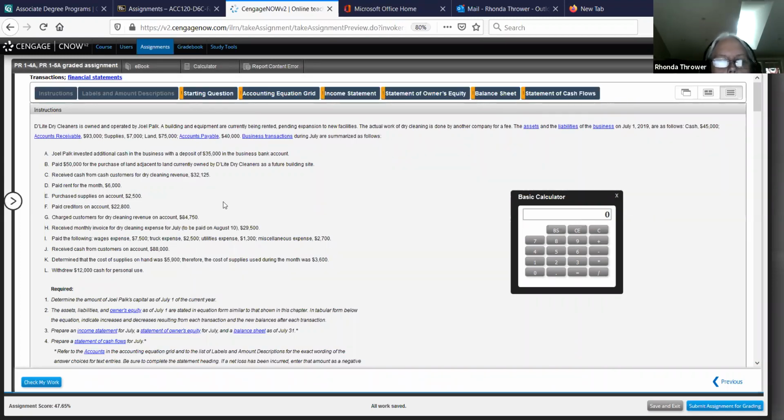We paid rent, so we took $6,000, and we're going to combine it with what we paid to our creditors of $22,800, plus we paid these wages, which the total of that was $12,000.